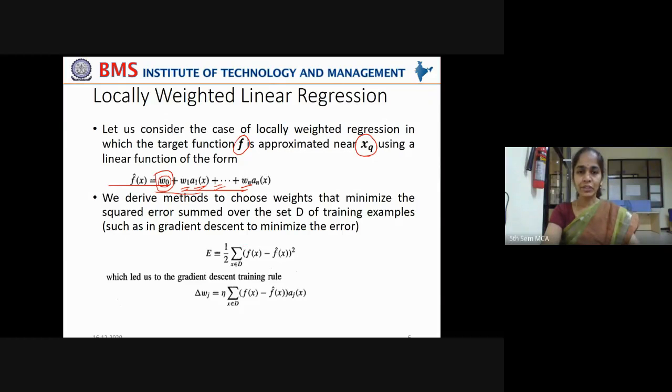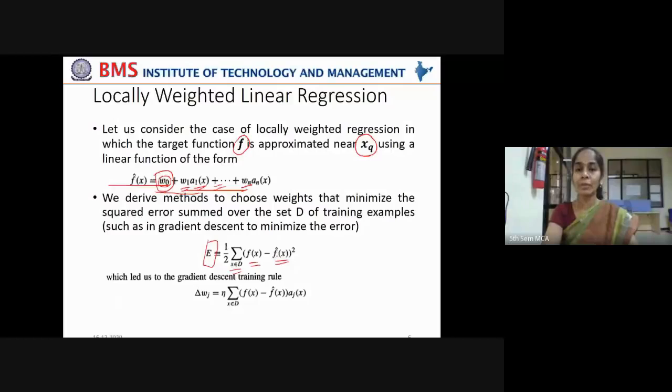So that is mentioned here, that E is 1 by 2 sigma over x belonging to D, for every instance x that belongs to D. You are squaring the difference between the original value and the predicted value. What is the predicted value here? The estimated value. What is the estimated value represented by? F cap of x.